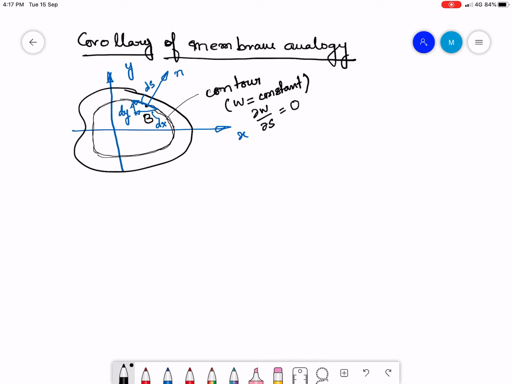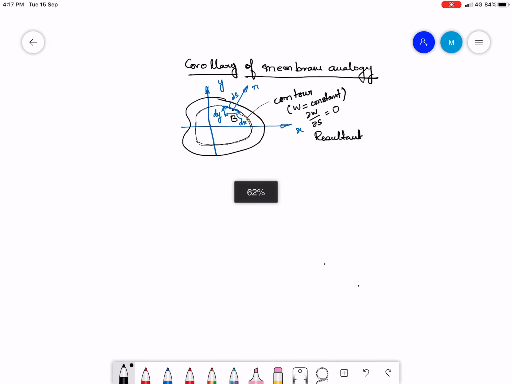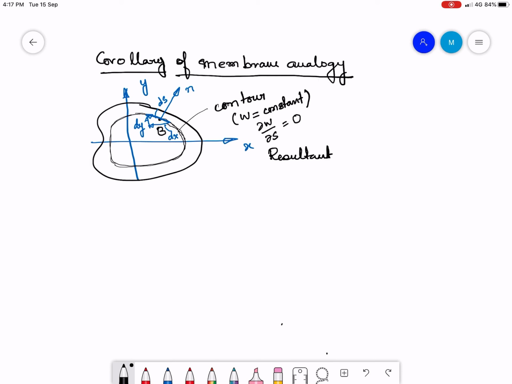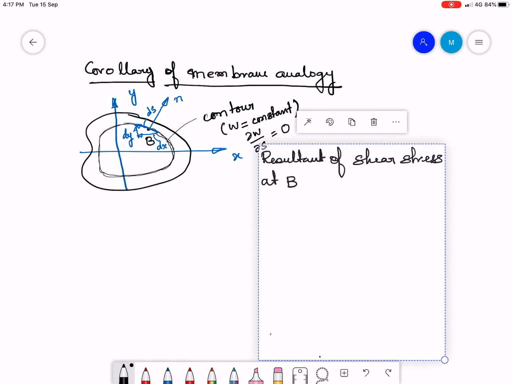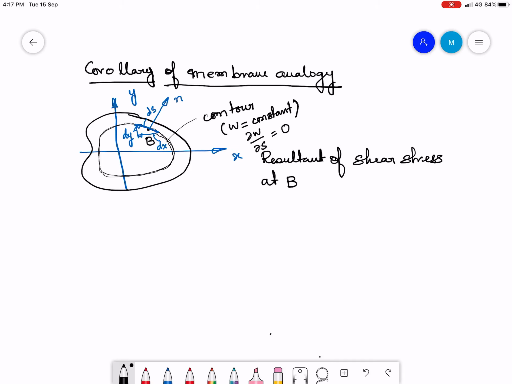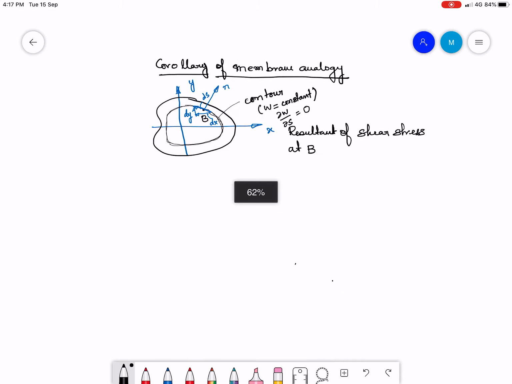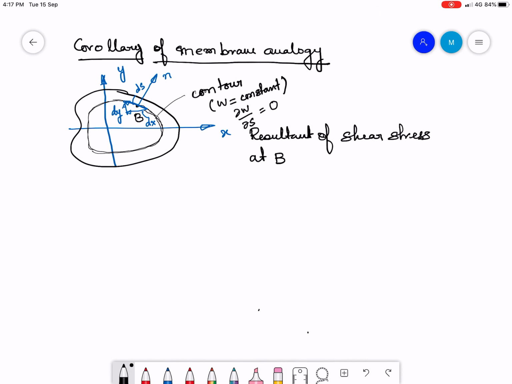Now, what we do is that we find out the resultant of shear stress at B, which is on the contour line, in the normal direction.